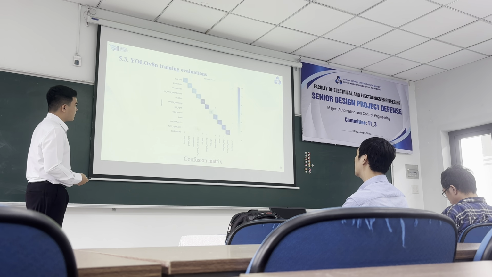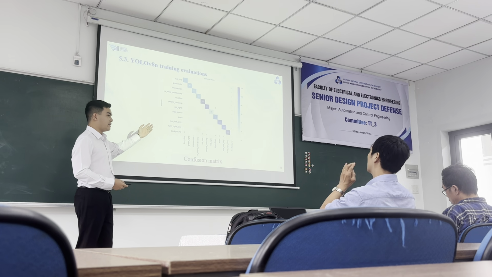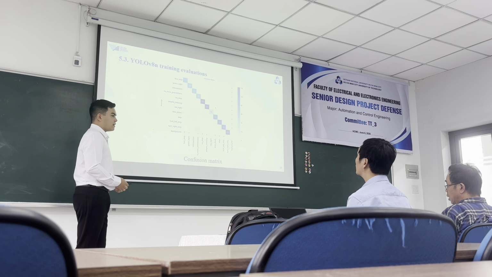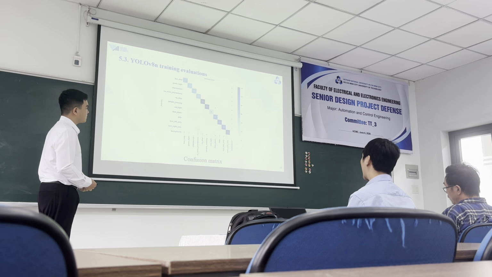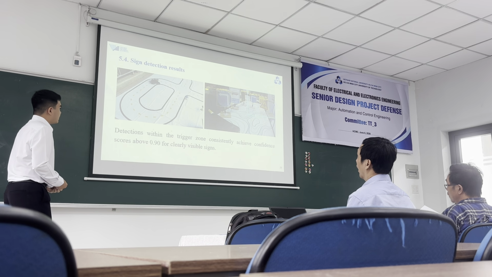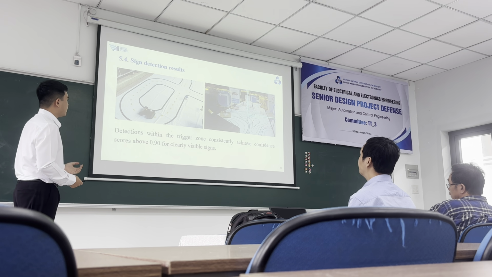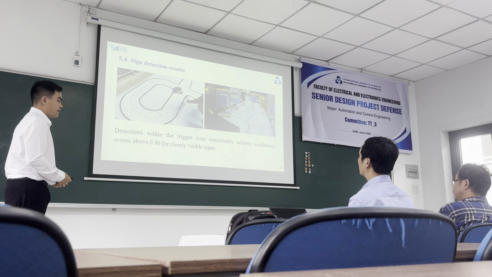And for the confusion matrix, you can see a very strong diagonal line indicating a high prediction accuracy of the model in predicting 11 different classes of traffic signs. And as you can see in this video, the car drives by itself, stays inside the lane, and obeys the traffic sign regulations.